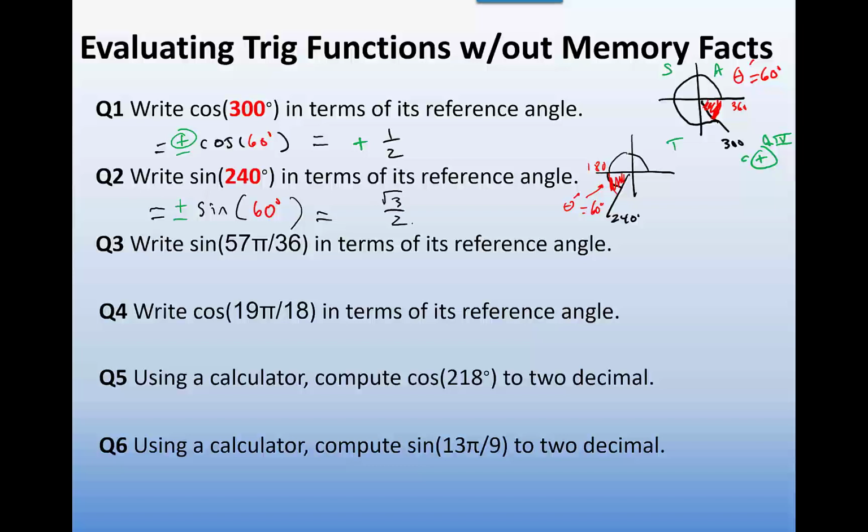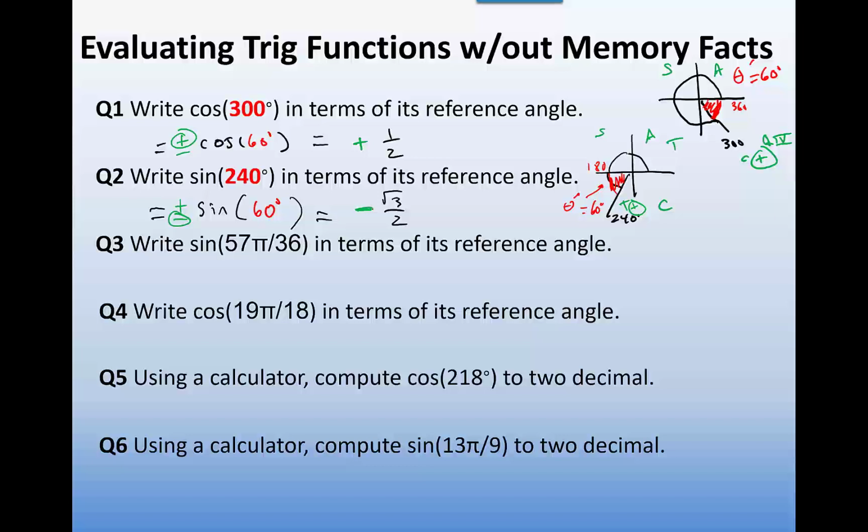Next, I have to determine, is it positive or negative? So we go back to our acronym about the quadrants, a smart trig class. We are in quadrant 3, and over there, tangent is the positive one, but not the sine. So I have to choose the negative in this case, and there is my answer, negative square root of 3 over 2.